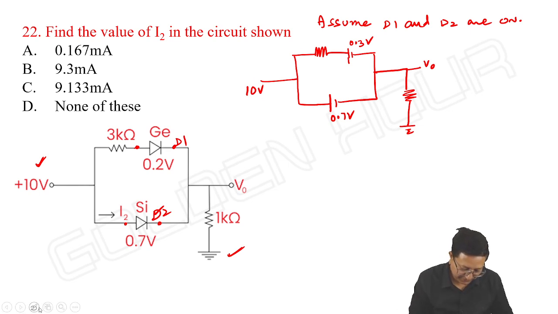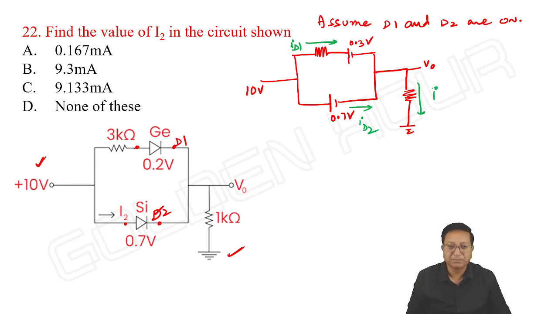Coming to the currents, let me take ID1 and ID2, and let me take this current as I. As it is 0.7, what is V output?